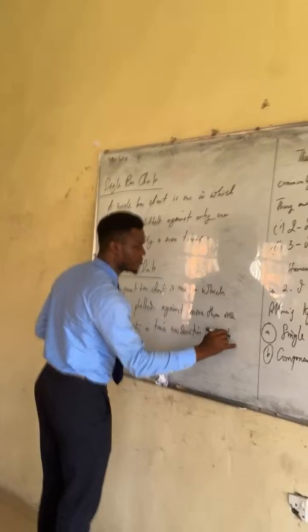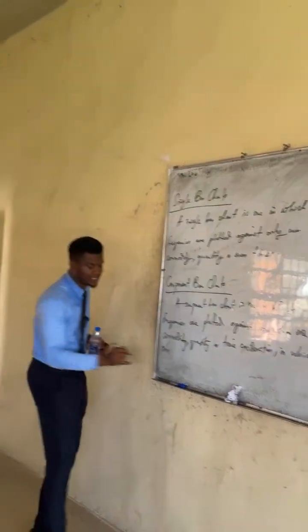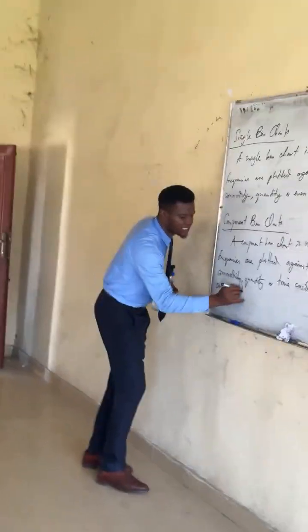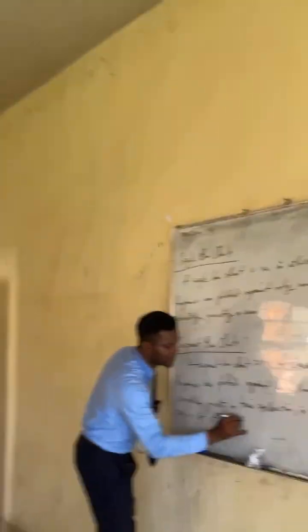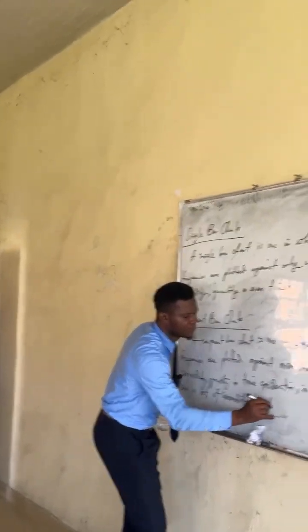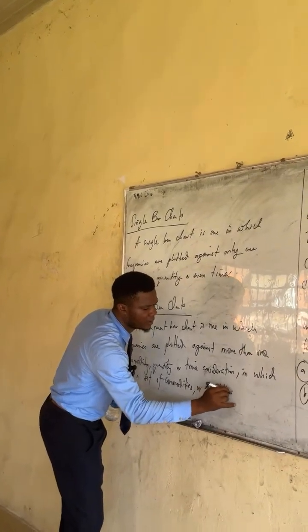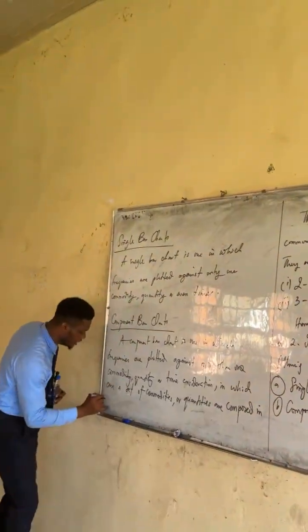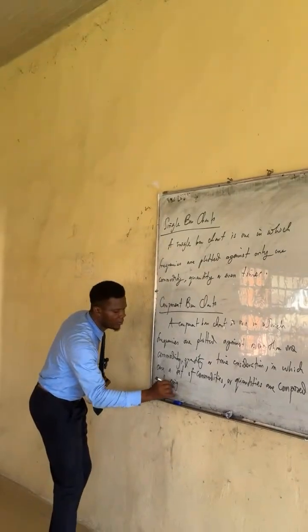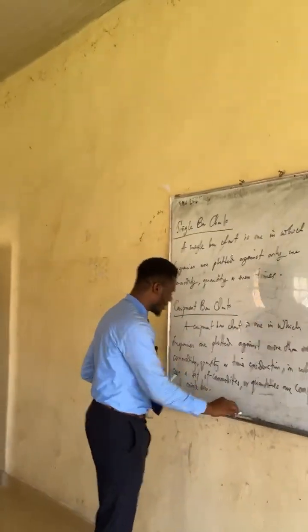In which case, a set of commodities or quantities are composed in each single bar. In which a set of commodities are composed in each single bar.